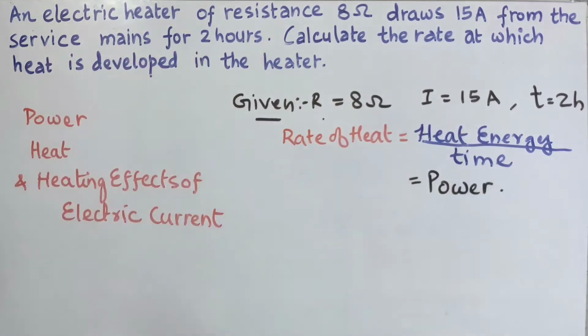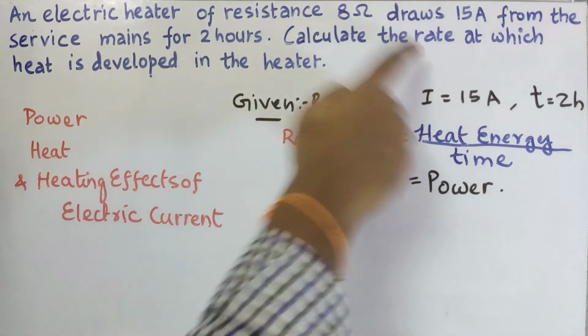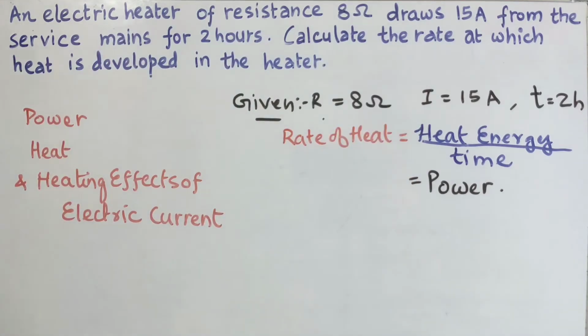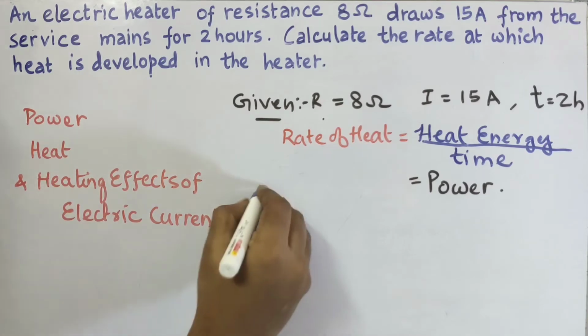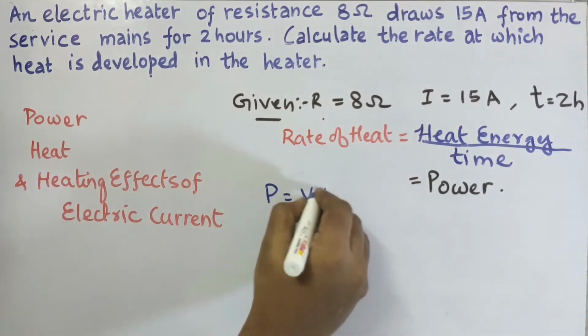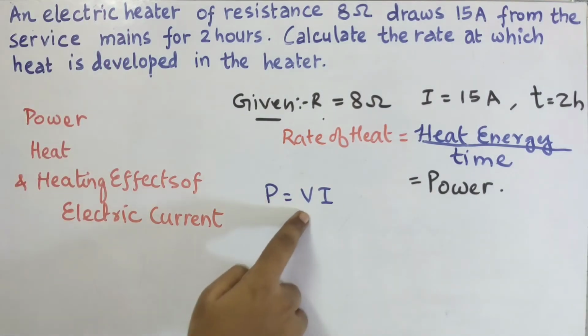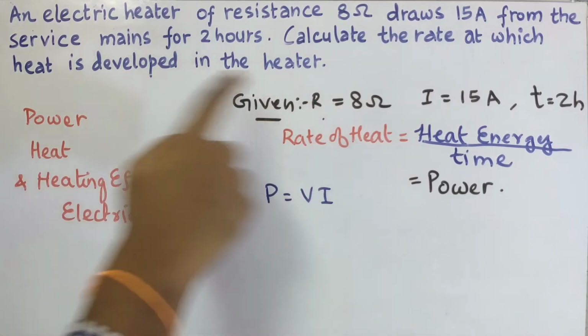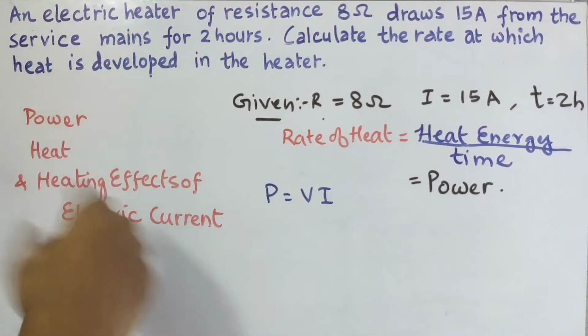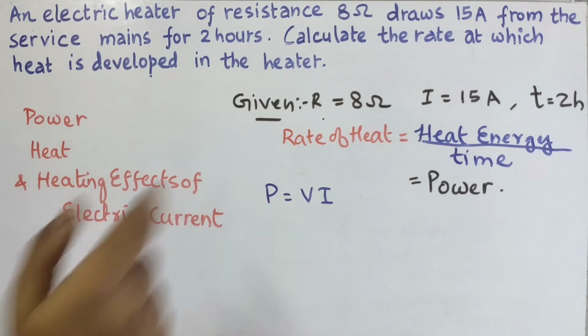That means in this question we need to find power, not heat. So what is the formula for power? Power is equal to V into I, and it is a heating device, that is, a purely resistive circuit. So all the power consumed by the appliance is dissipated as heat.